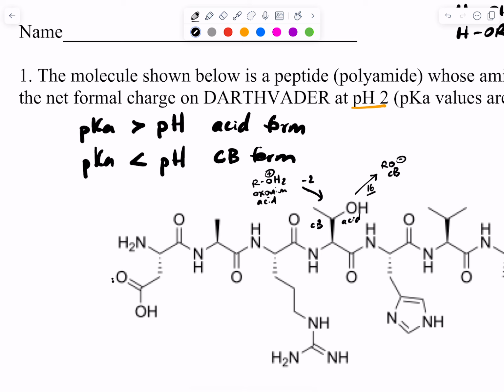Compare pH, which is 2, to the pKa of minus 2. If pKa is less than pH, the conjugate base form dominates. What is the conjugate base of the oxonium ion? It's the neutral alcohol. So we make the conclusion that the alcohol is neutral at pH 2.